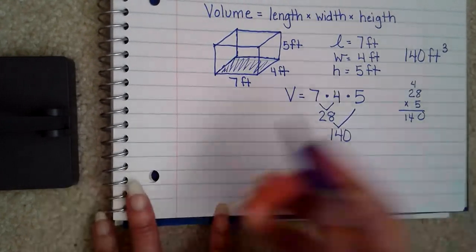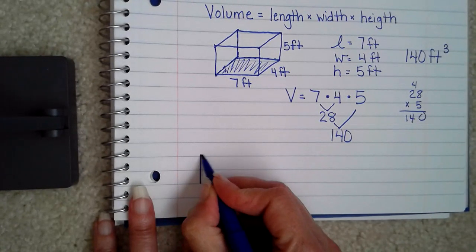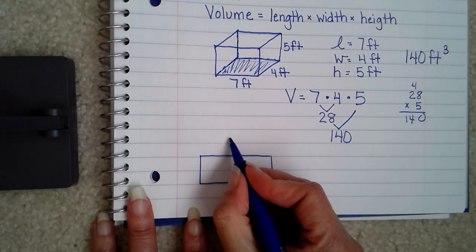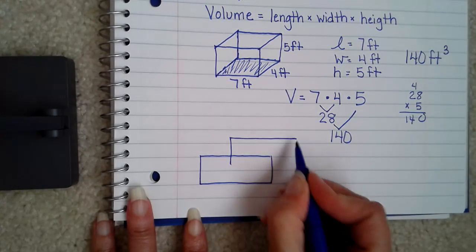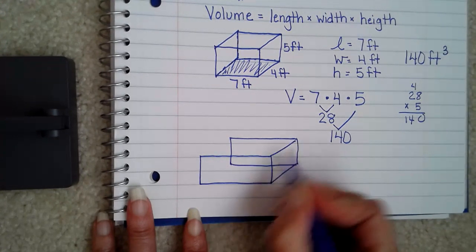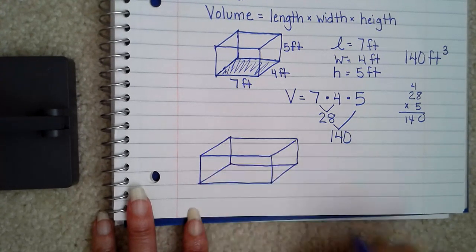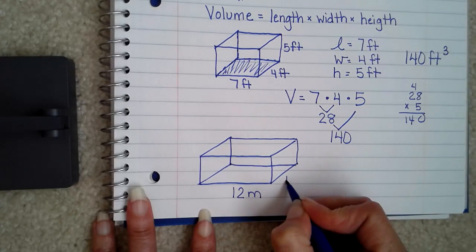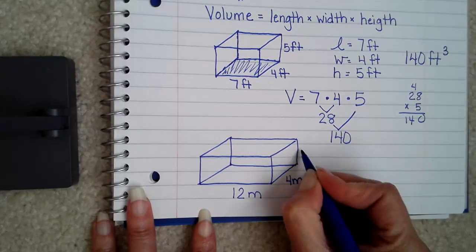So let's do one more. If I had kind of a long rectangular box and another one just like that, and we connect it together, all right, and we say this is 12 meters, this is 4 meters, and this is 3 meters.